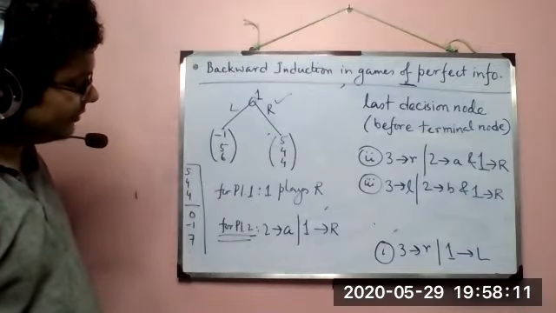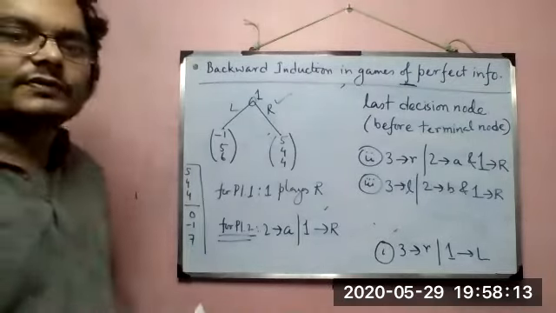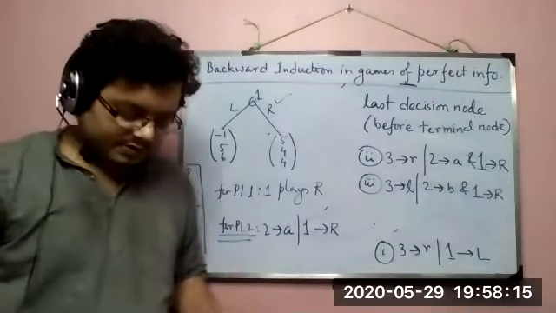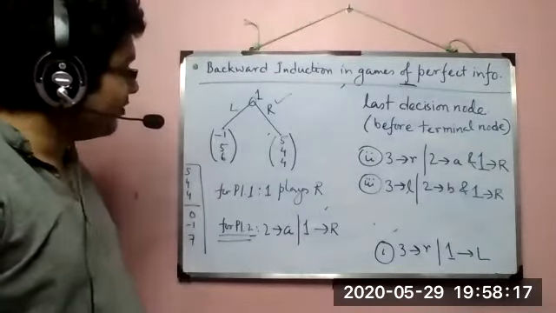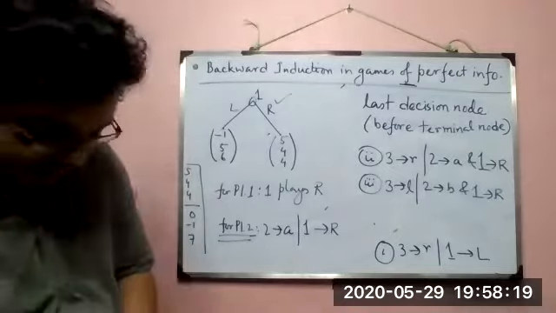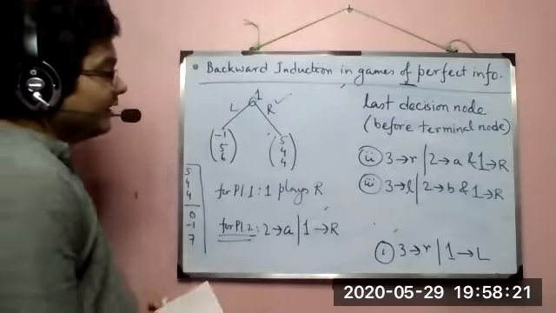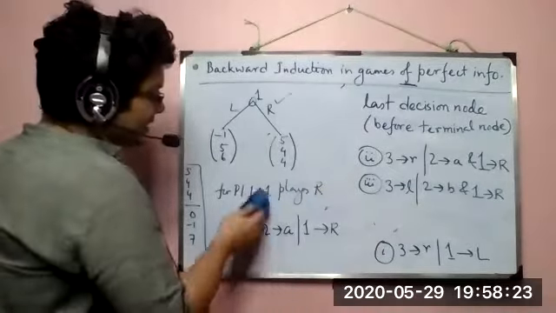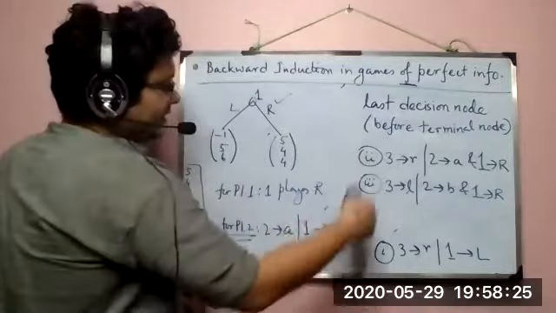All right. So now, if I want to write the Nash equilibrium of this game, what will it be? It will be a list of all these, right?